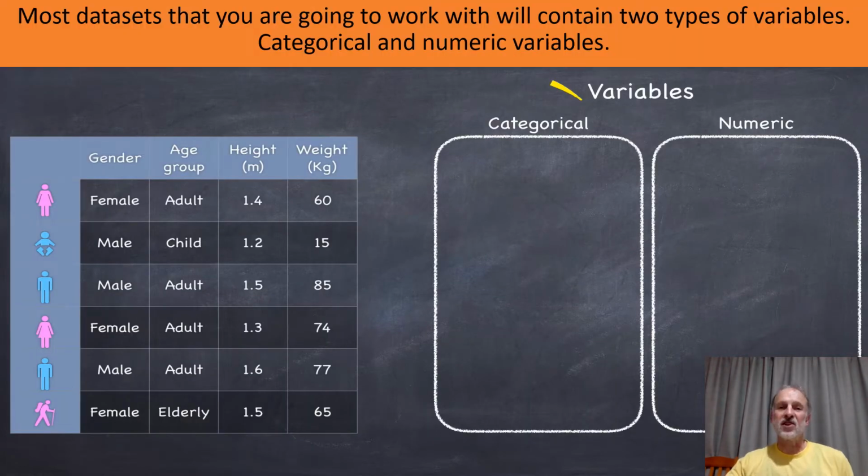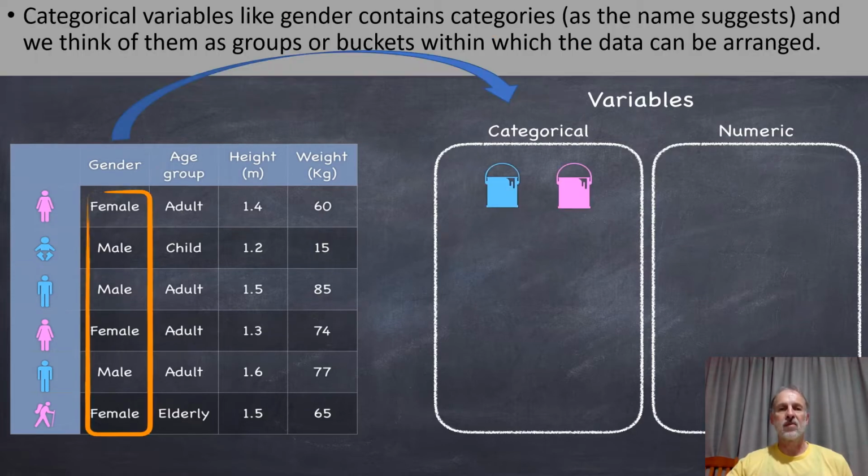Most data sets that you are going to work with will contain two types of variables. We've already done it: categorical and numerical variables. Categorical variables like gender contain categories, as the name suggests, and we think of them as groups or buckets within which the data can be arranged.